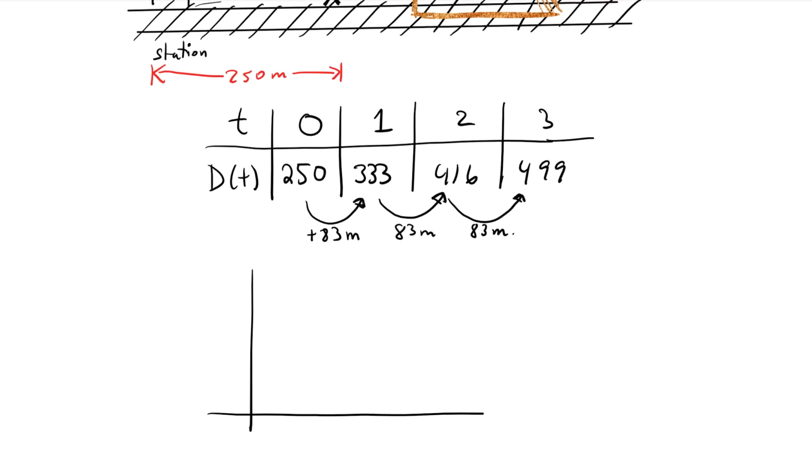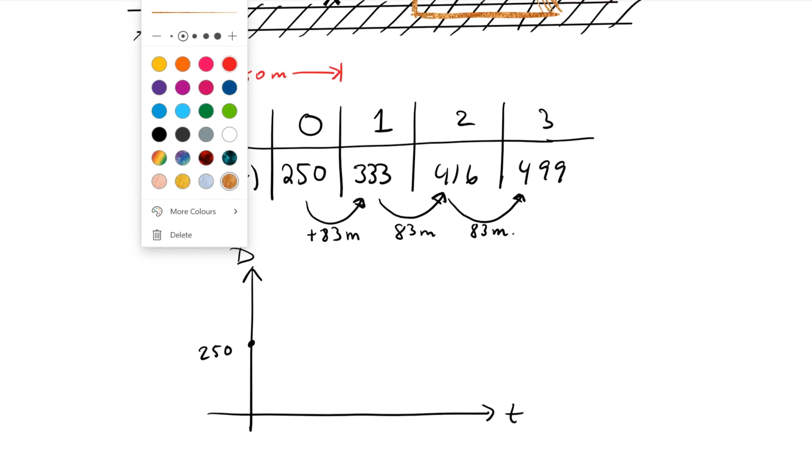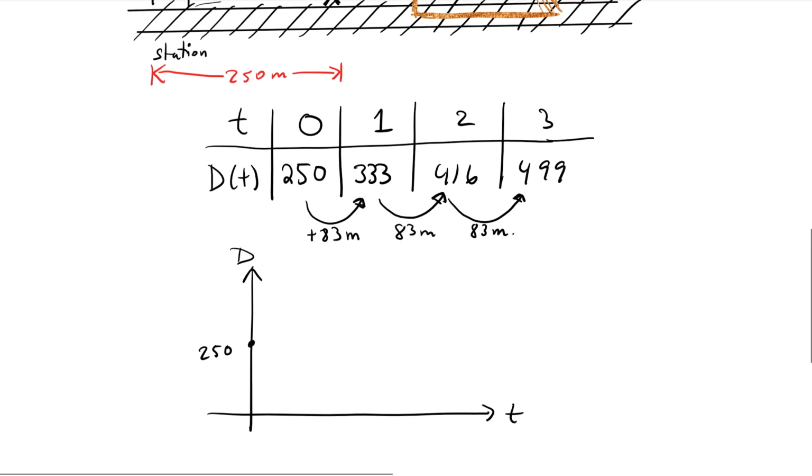If we illustrate on a diagram, this is t and this is the distance. Initially we're at 250. The fact that it increases by 83 means that if we go forward by 1, we're going to go up by 83, after 1 second.